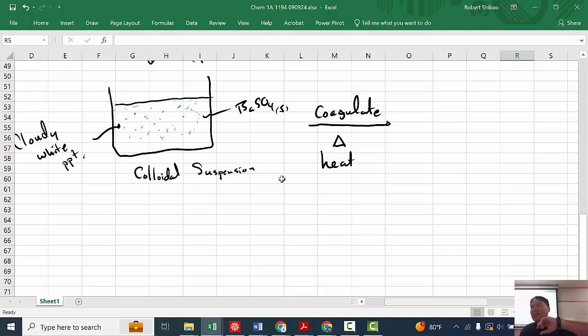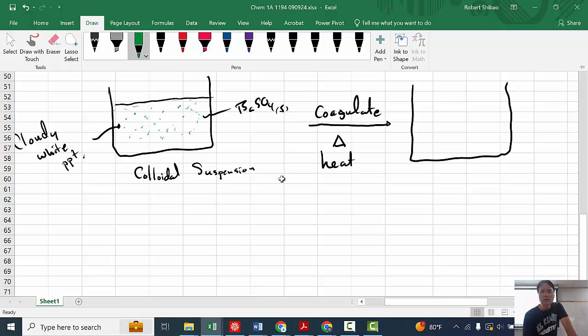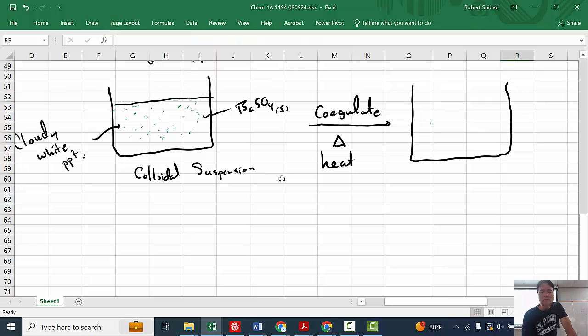And what happens is when you heat it, you're increasing the kinetic energy, and you're going to get these colloidal particles to collide and stick together. Now, this is really like two little clay balls, and you throw them at each other, they'll collide and stick together. And so what we want to do is coagulate this to generate bigger clusters of crystals, and those bigger clusters of crystals, once they get heavy enough, will fall down to the bottom.